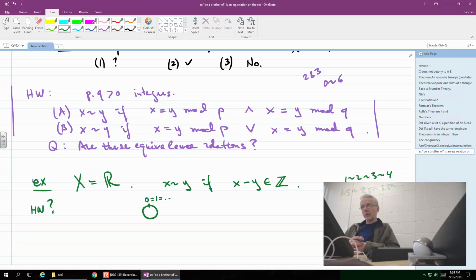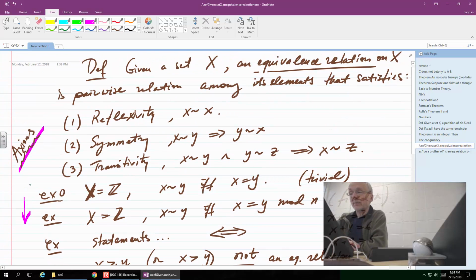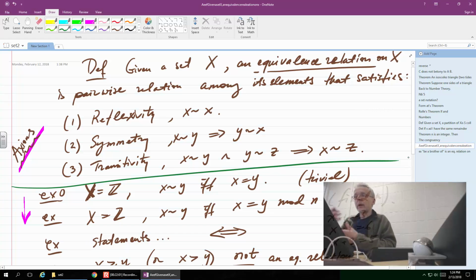We've had enough examples. Let's do something with the axioms, and that is how actual mathematics works. You derive things directly from the definition without invoking anything else. And so far, all we have is our definition of an equivalence relation, and we want to derive certain things.